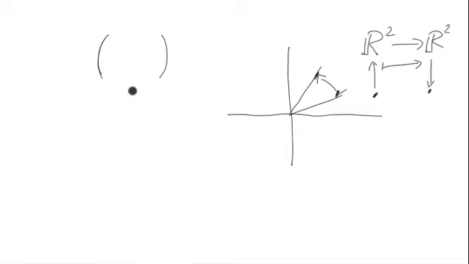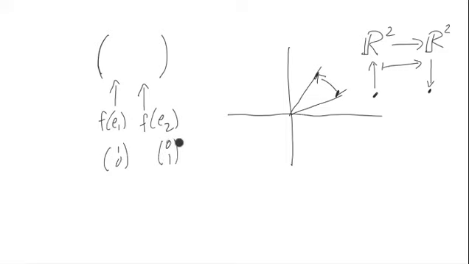Okay, so let's think about this for a minute. Remember how we write down what a matrix represents. The first column is the image of the first standard basis vector. The second column is the image of the second standard basis vector. So meaning, where does (1, 0) travel versus where does (0, 1) travel?